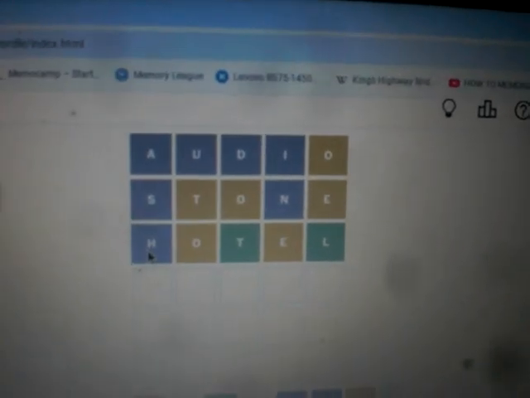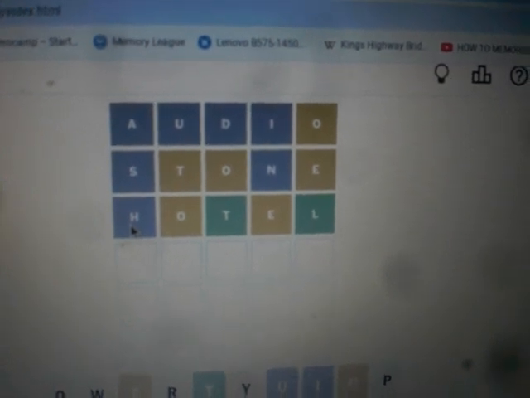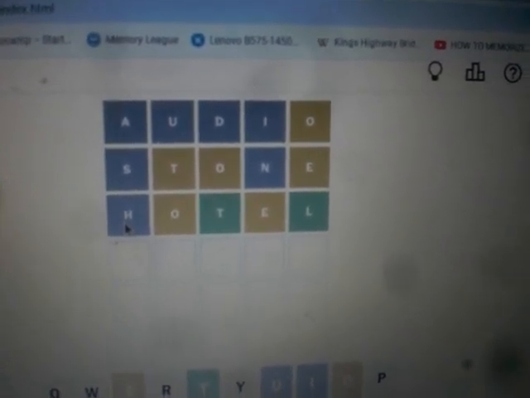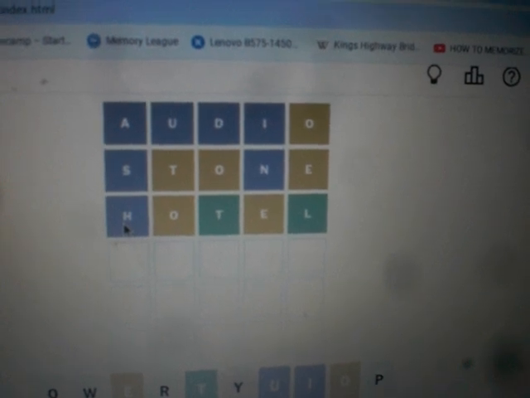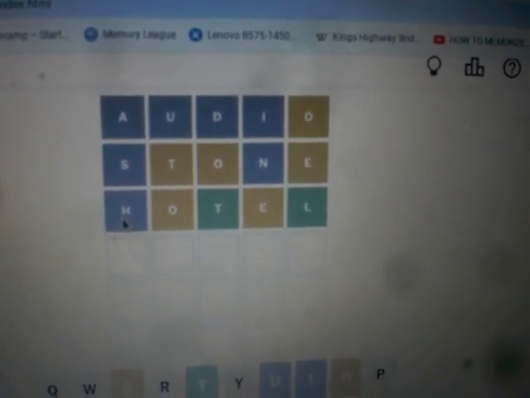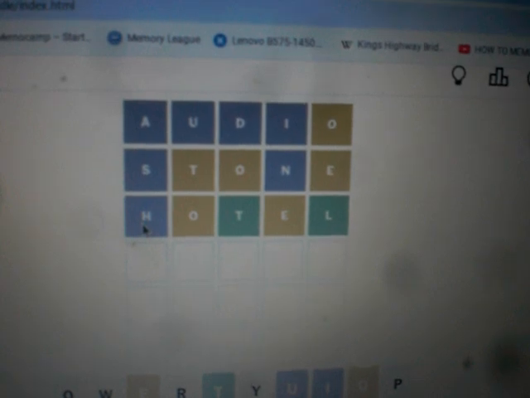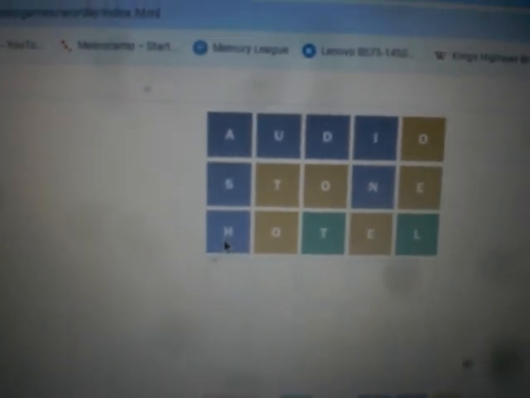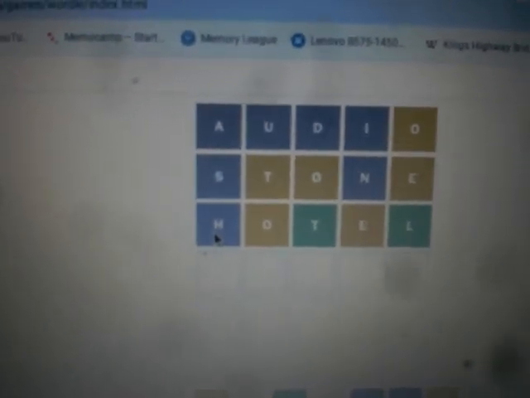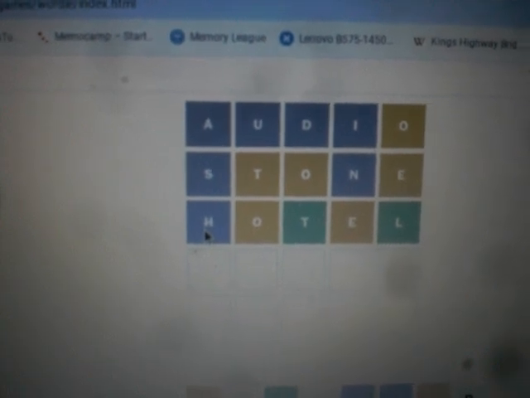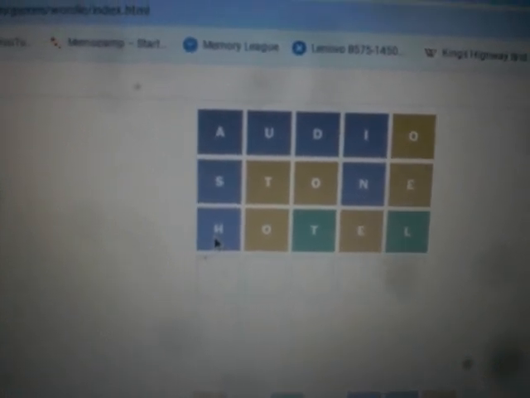A, B, C, D, E, F, G, H, I, J, K, ketol. Ketol, like keto diet. I think a ketol is a word. I don't think that's going to be it though. Like the keto diet, ketones or ketols. That's a really rare word, so let's toss that one.